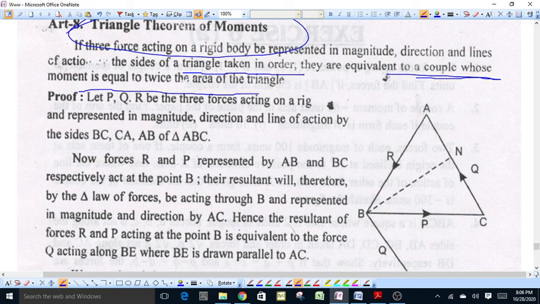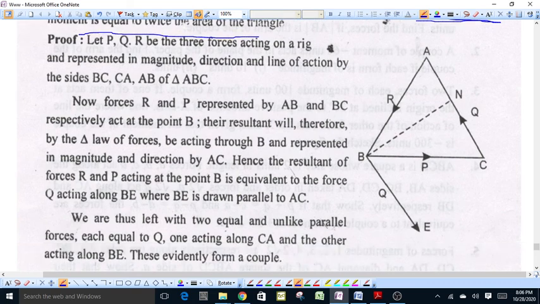Now forces R and P, represented by AB and BC, act at a point B. Therefore, the resultant will be, according to the triangle law of forces, a force acting through B and represented in magnitude and direction by AC.